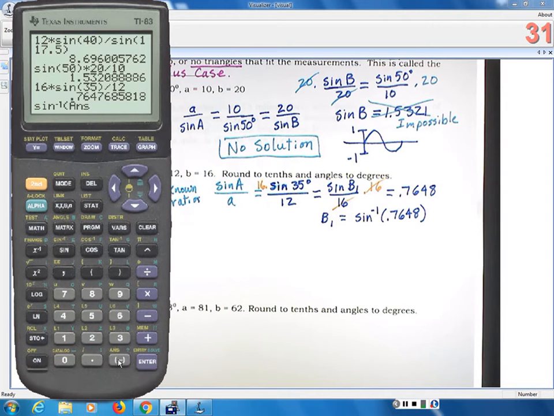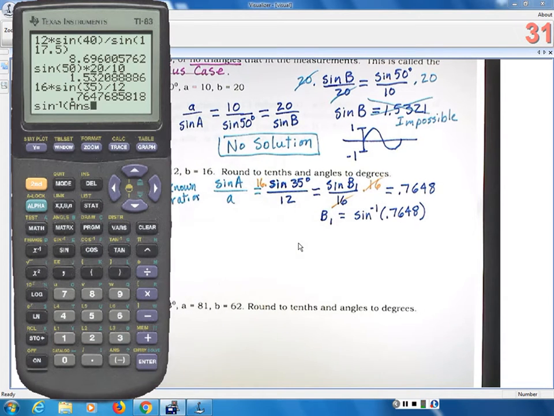Do you change to radians? No, this is degrees. You're getting confused because this looks like radians here. It's the sine of something. Everything's in degrees. We're keeping this in degrees this time.